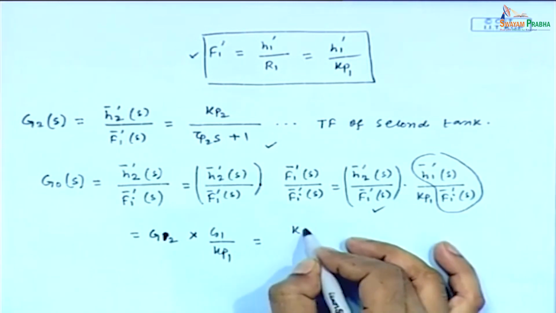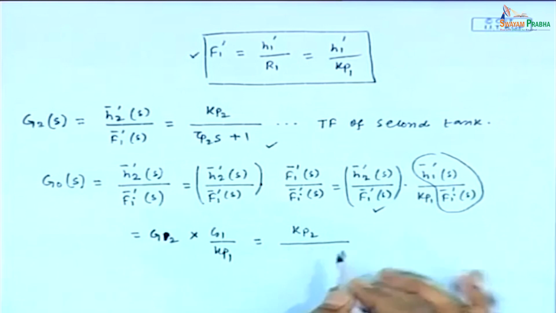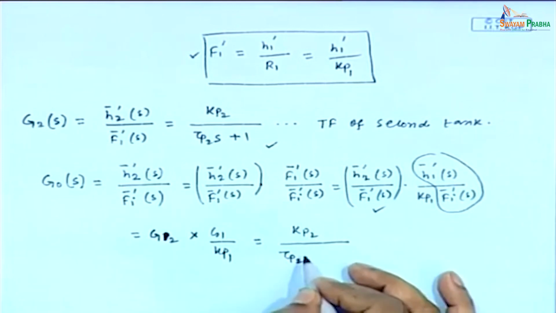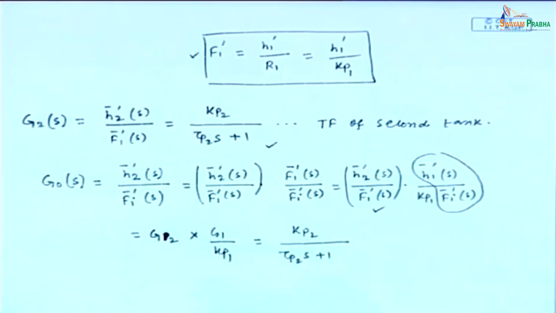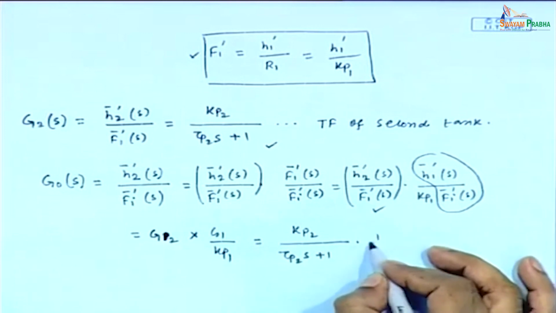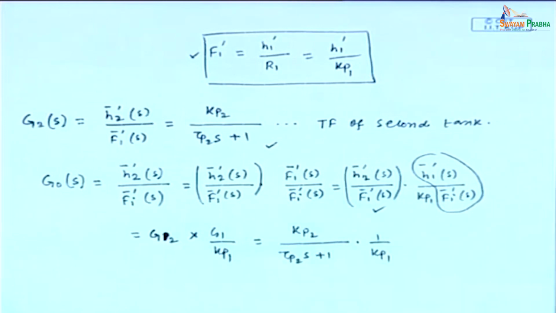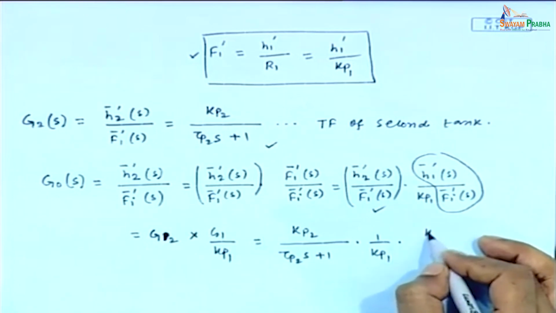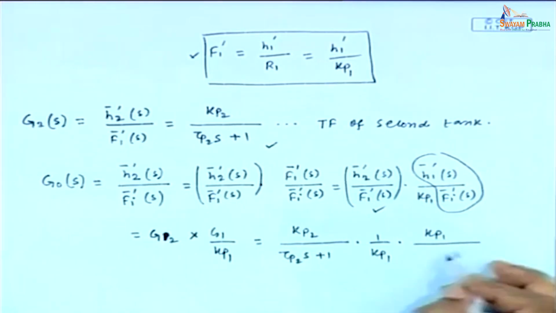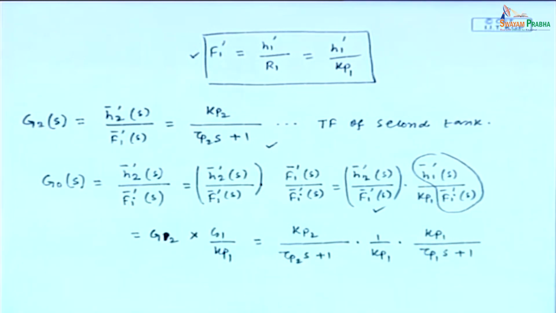That means Kp2 divided by tau P2 s plus 1 multiplied by 1 divided by Kp1 multiplied by Kp1 divided by tau P1 s plus 1. Agree?